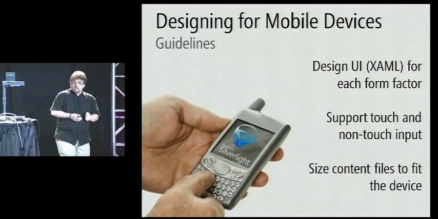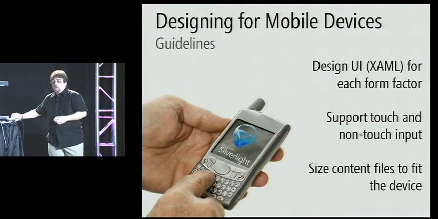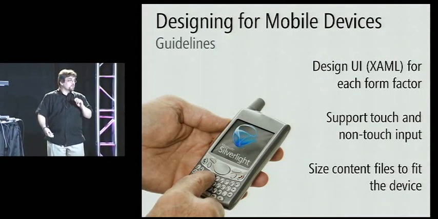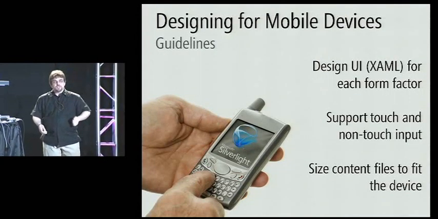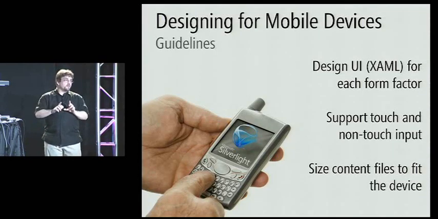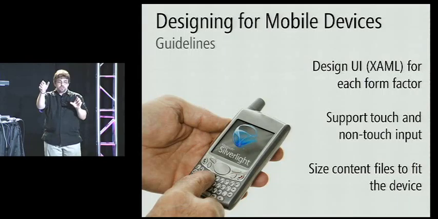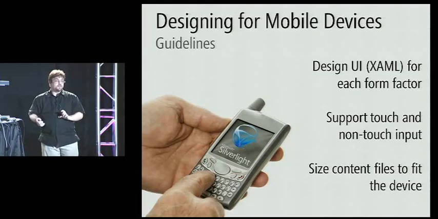So I alluded to this already, and it's going to sound redundant and repetitious, but it is very important. Provide your users the best possible experience by having your designers provide a custom XAML for every form factor that you care about. Rather than having the application hope that they're moving controls around the screen in the best way, just download a different piece of XAML when they connect with a different size.